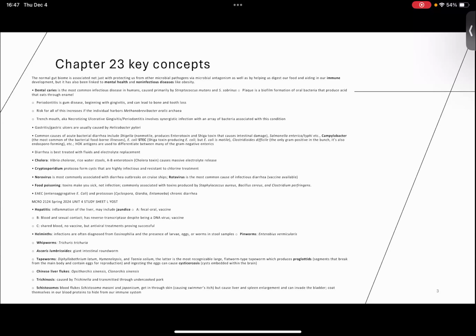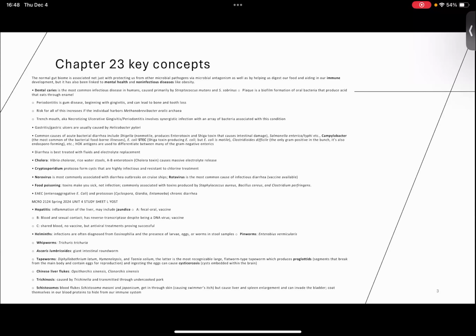They also send signaling molecules that help with development of our immune system, mental health, or metabolic disorders that are increasingly being connected to our gut microbiome. All of that is pretty interesting, new scientific stuff that is relevant.